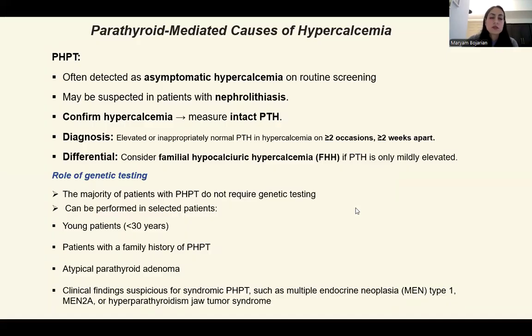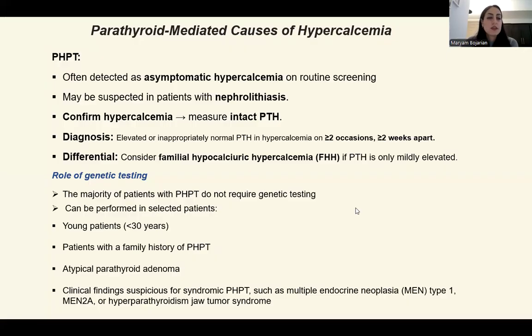Usually, if someone has multiple kidney stones, one of the differentials is primary hyperparathyroidism. You need to confirm hypercalcemia by repeating calcium and measuring intact PTH. Diagnosis is based on elevated or inappropriately normal PTH in patients with hypercalcemia on two occasions more than 2 weeks apart. The most important differential is FHH if PTH is only mildly elevated.